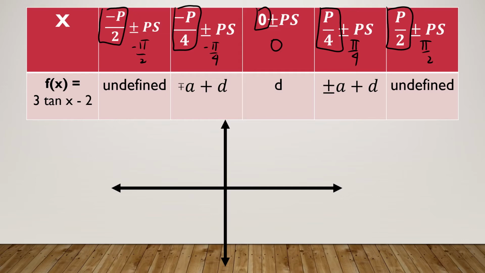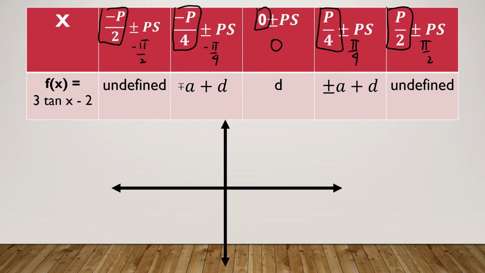After that, let's find the values of y, or f of x. Tangent is different from sine, cosine, secant, and cosecant. In those functions, if a is positive, we start with positive a and then the next one is negative. But in tangent, if a is positive, you start with negative and then positive.